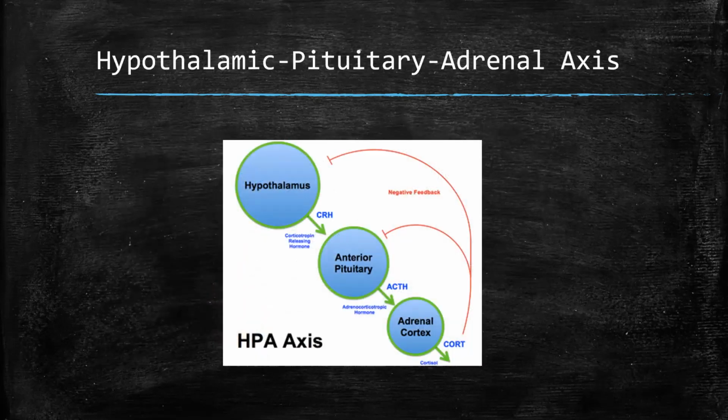A little bit about the hypothalamic-pituitary-adrenal axis, because this ultimately produces cortisol. And cortisol is critical for our very existence.